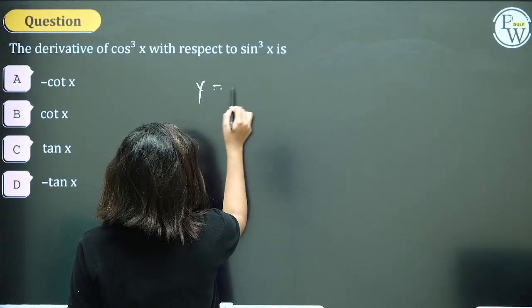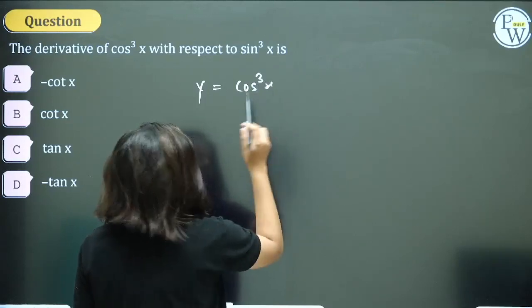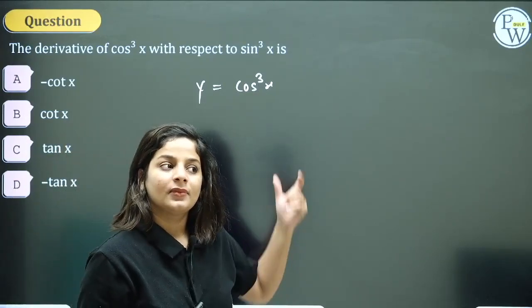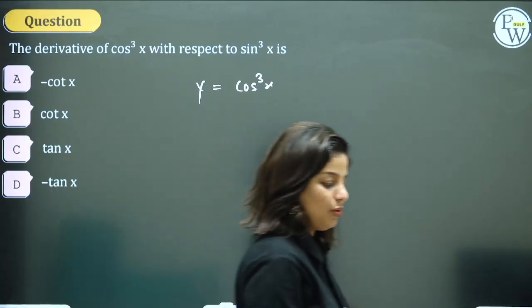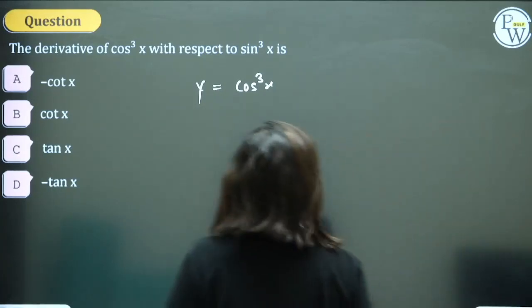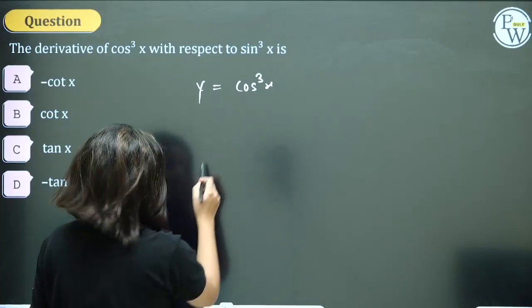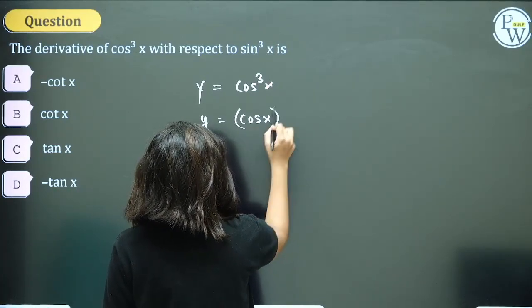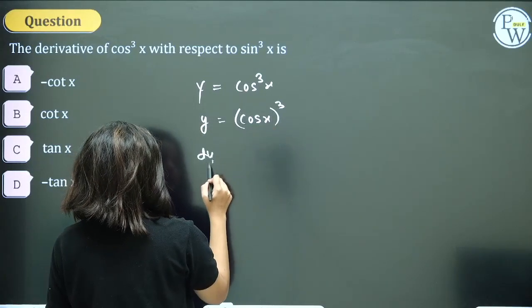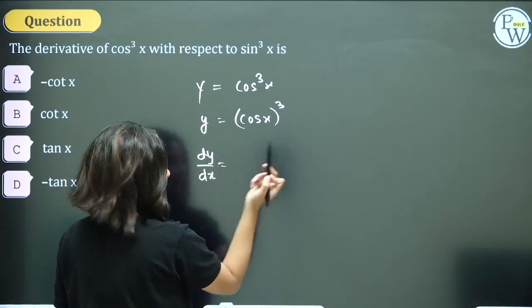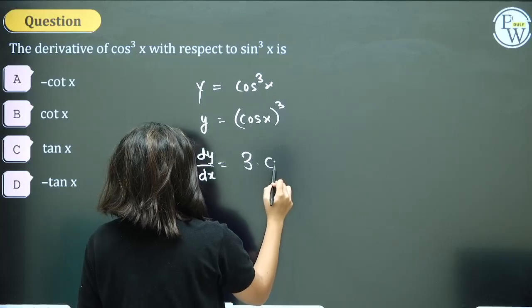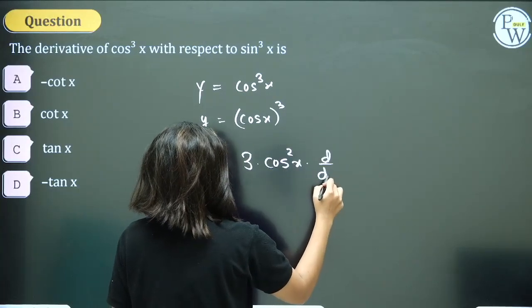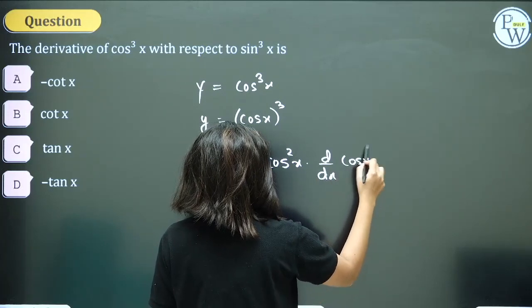y is equal to cos cube x. Composite function, guys. First, polynomial. Variable raised to constant. Do not get confused. Cos cube x, cos x the whole cube. So when you take derivative, first derivative of power 3 times cos raised to 3 minus 1, and by chain rule multiply with derivative of cos.